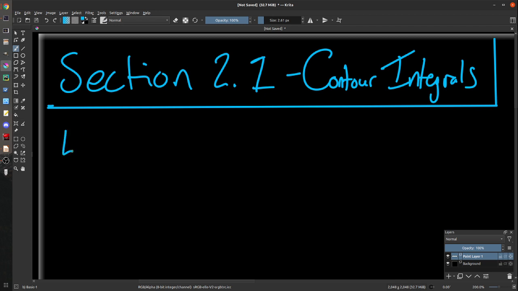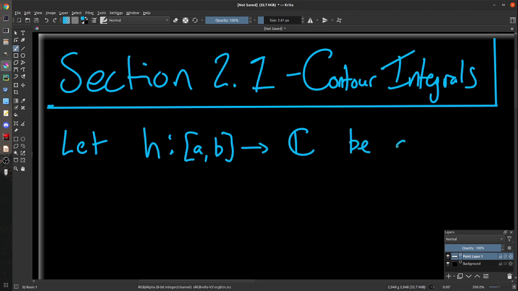Here's the setup. We'll look at some sort of a function h from a closed interval [a, b] into the complex plane. Let's call it piecewise continuous.